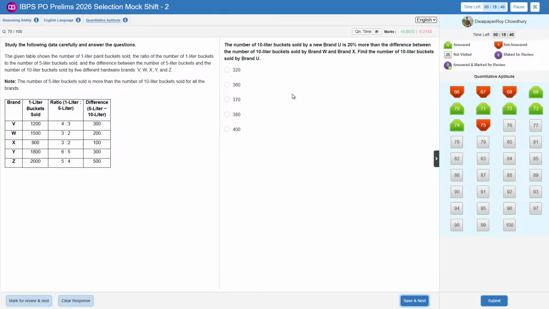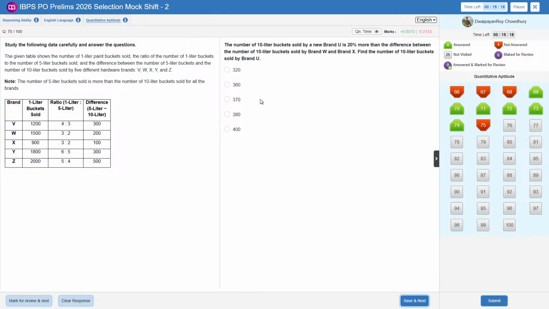So they are saying that U has 20% more than the difference between the number of W and X. So 330 is not in option. So 20% more. 20% means 330 plus 66. So 396. Still not in option.